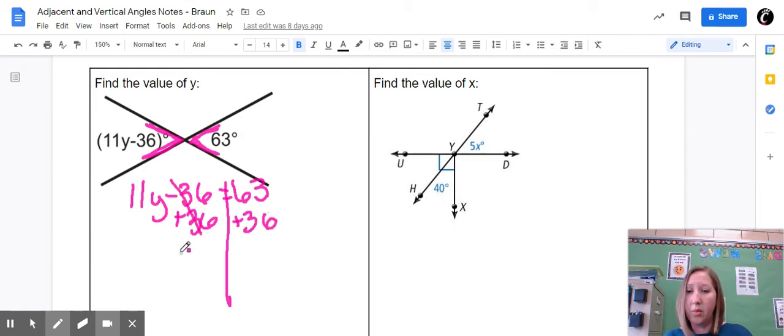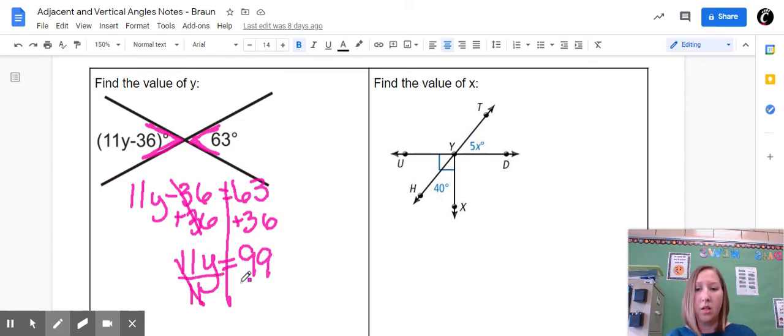When I do that, I'm left with 11y on the left, and 63 plus 36 gives me 99. Then I need to get rid of my 11, and 11y means 11 times y, so I use division to undo that, and 99 divided by 11 leaves me with just y equals 9. So y equals 9 is my solution.